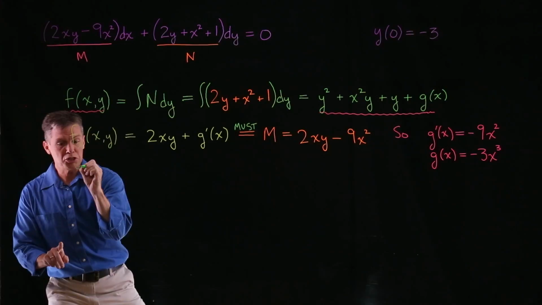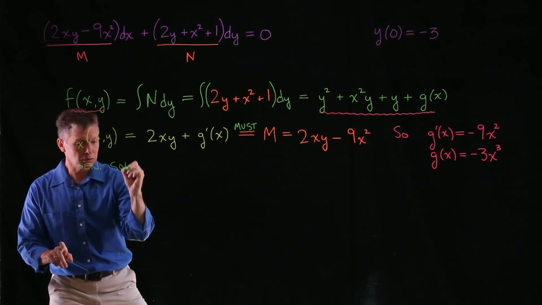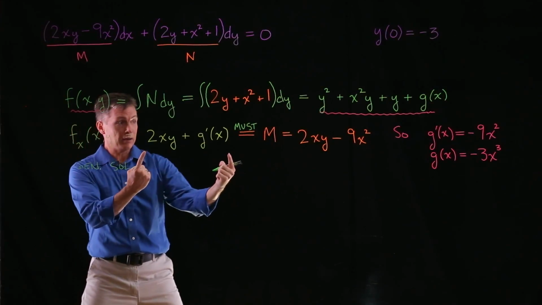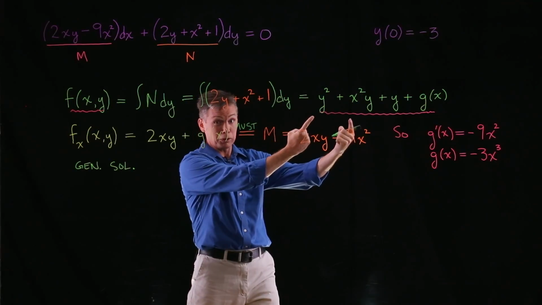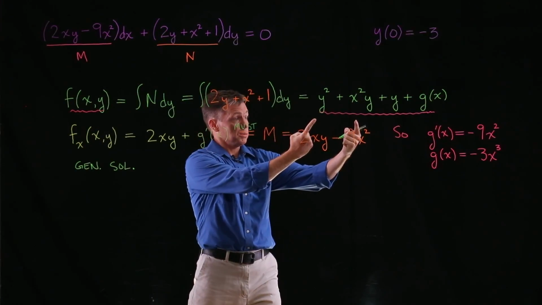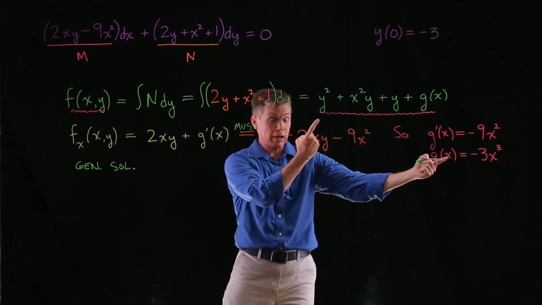Now I know what my general solution looks like. General solution. It's your f of x expression. Here's maybe the best place to look at it, the squiggled. It's all of this, but I now know what g of x is. That's what we just worked out.